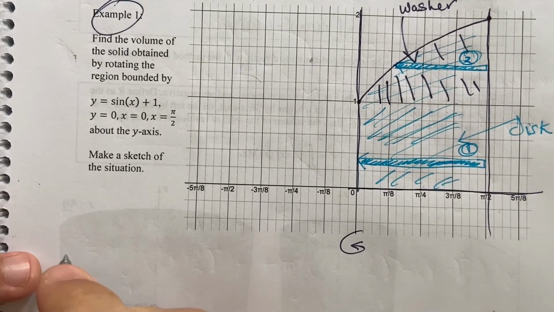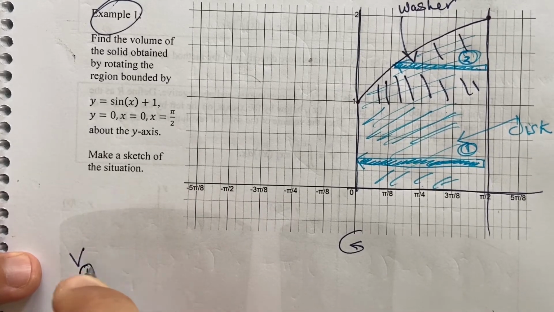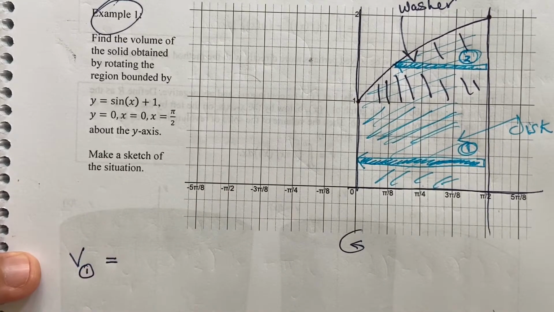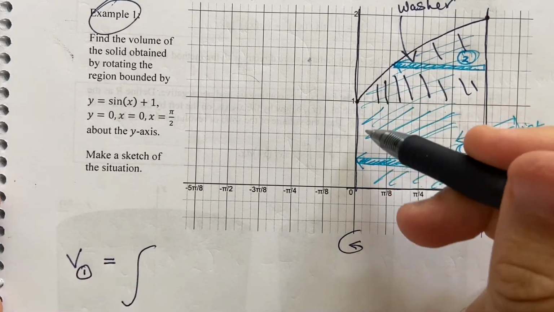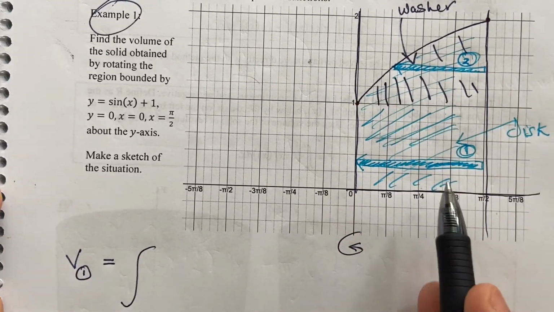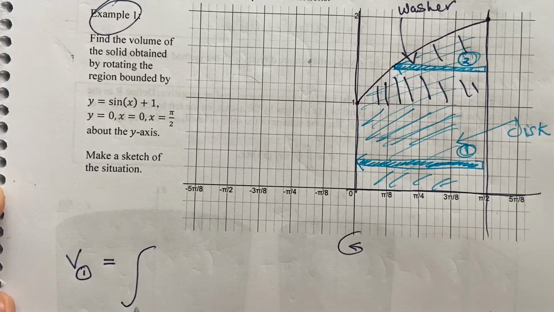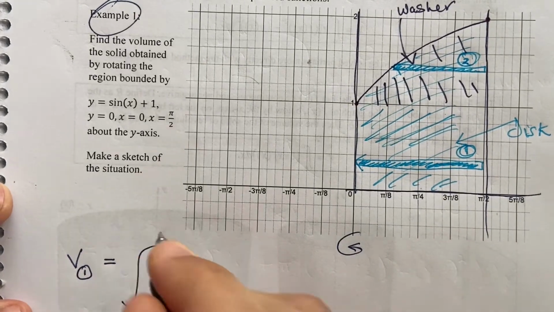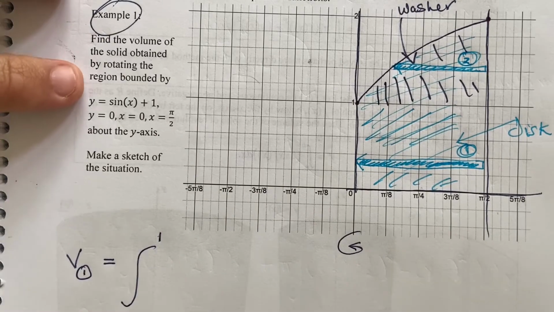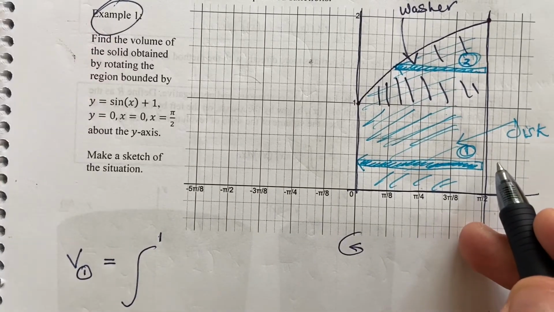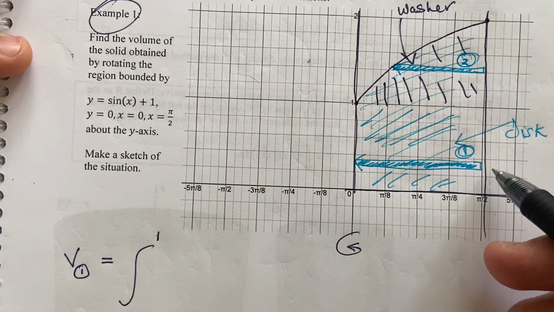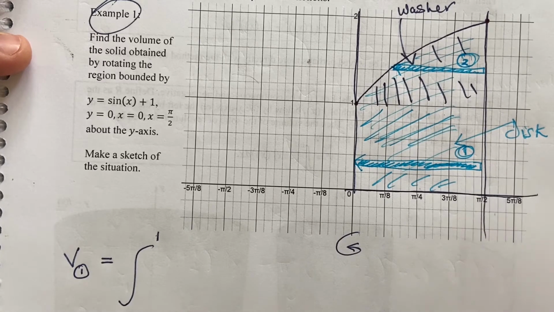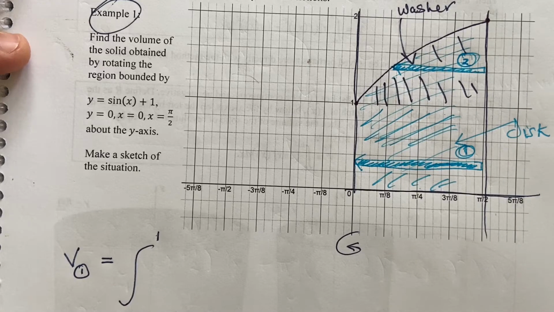So the volume of 1 would be given by, well, we'd integrate along the y-axis, right? Because this is pointing at the y-axis. I'm going from 0 to 1. And my outer function would be this function here, x equals pi over 2.